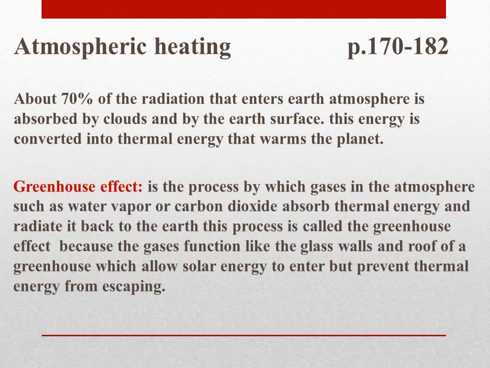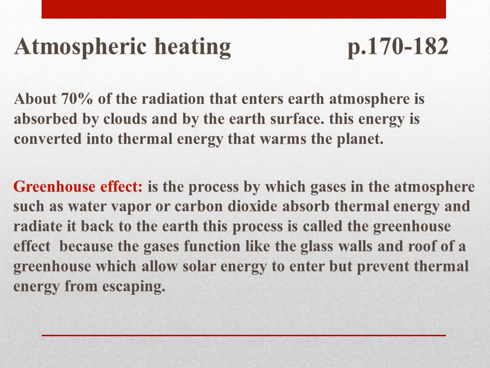Greenhouse effect. Let's see what this effect is. It's the process by which gases in the atmosphere, such as water vapor or carbon dioxide, absorb thermal energy and radiate it back to the Earth.